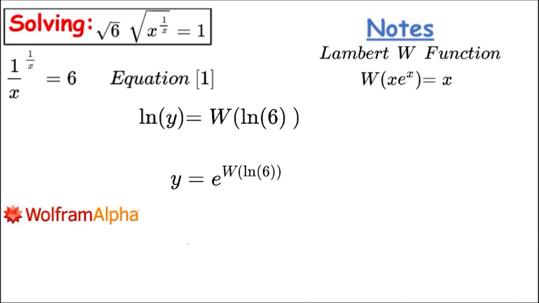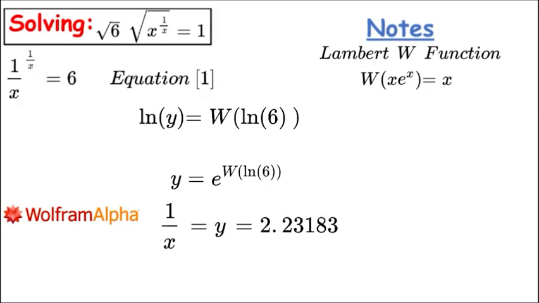Now we're going to use Wolfram Alpha program to compute this value. So if you type in product log e to the power of W ln 6, we will get a value for y. And we will get y is equal to 2.23183. But let's recall that 1 over x is also equal to y, so we need to invert this for 1 over x.